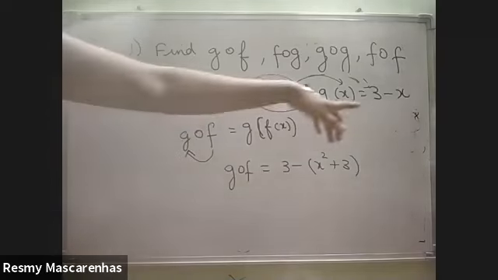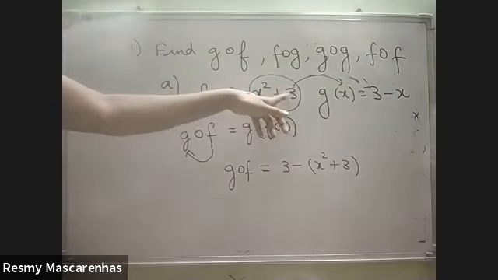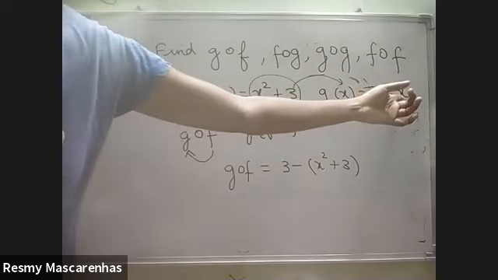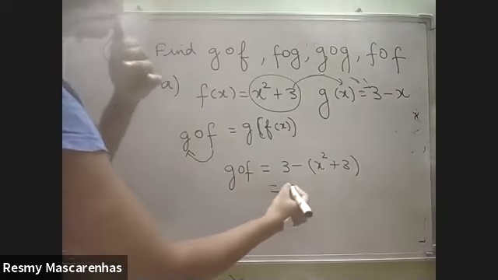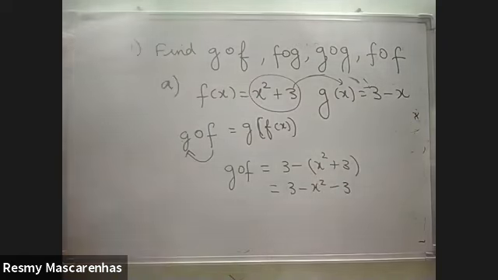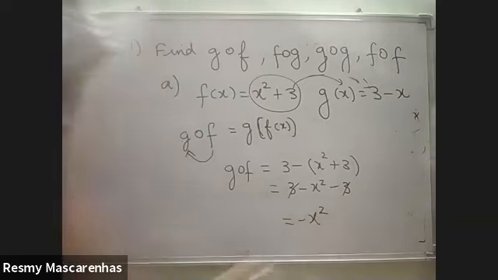Okay. So wherever there is x, only there you have to put this whole function. Full f will go in G wherever there is x. So then simplify it. So 3 minus, so answer is, so this is your GOF.